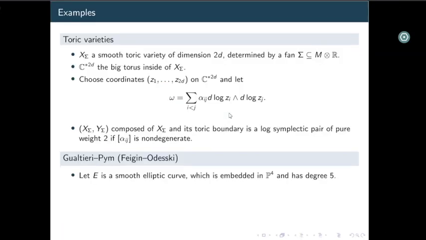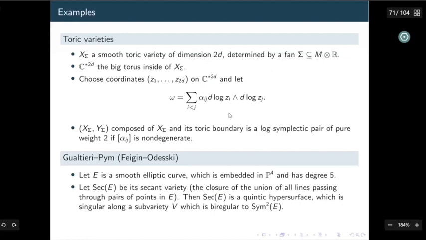So another type of example comes from, I guess technically this starts in work of Feigin and Odesskii, but it was more worked out in the work of Gualtieri and Pym, and more precisely worked out in Pym's thesis. If you take a smooth elliptic curve, you can embed this inside of P4 by taking a degree 5 line bundle and then taking the corresponding map.